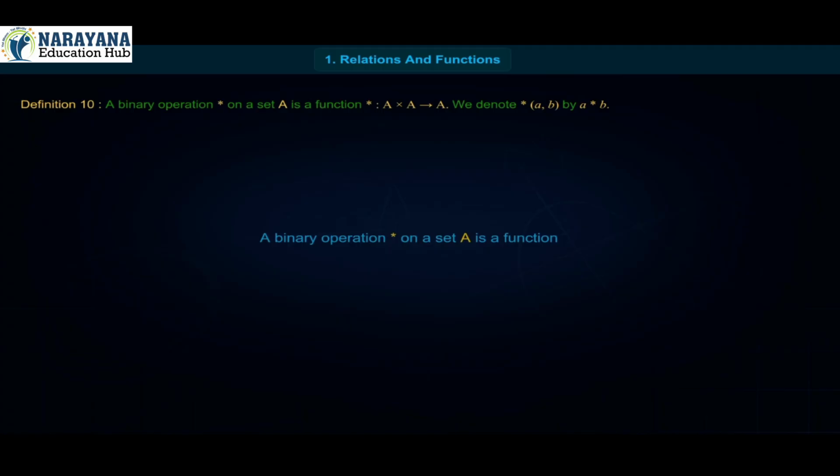Definition 10. A binary operation * on a set A is a function * from A × A to A. We denote *(a, b) by a * b.